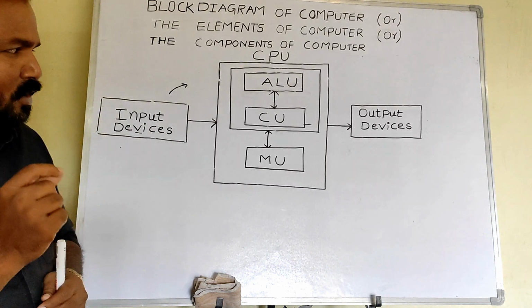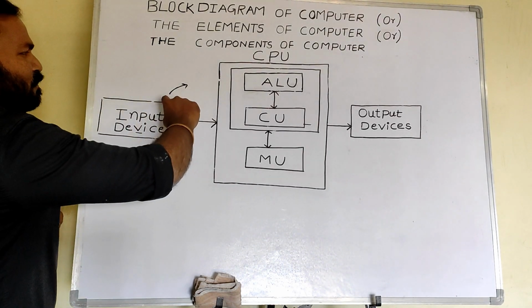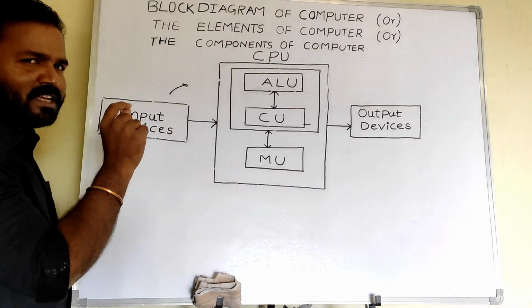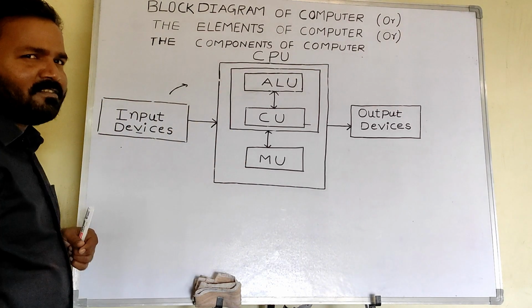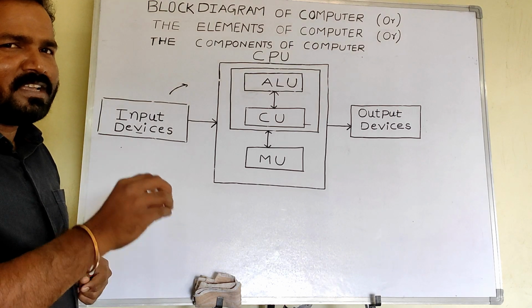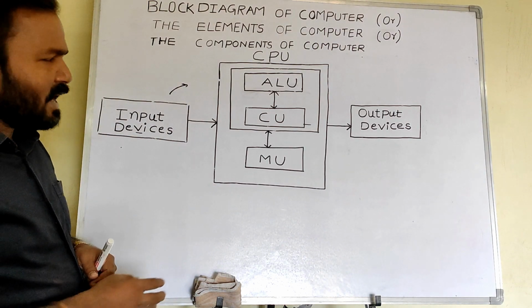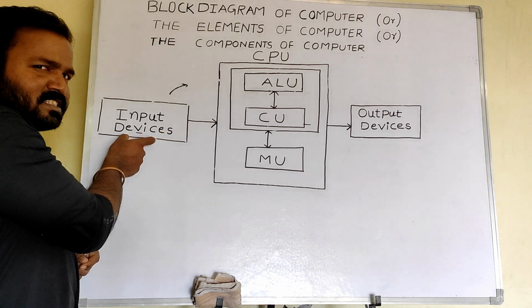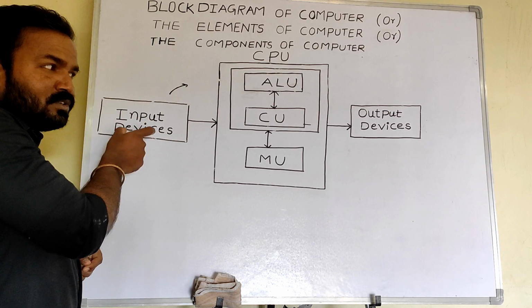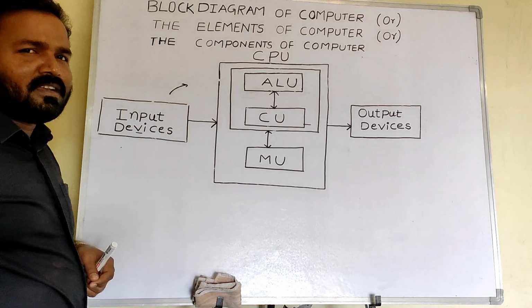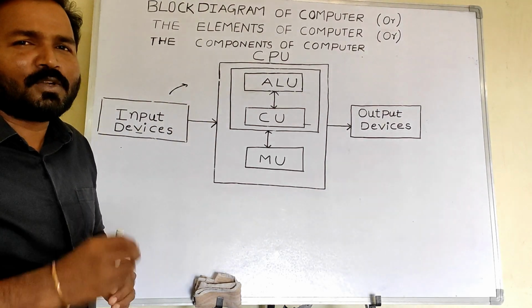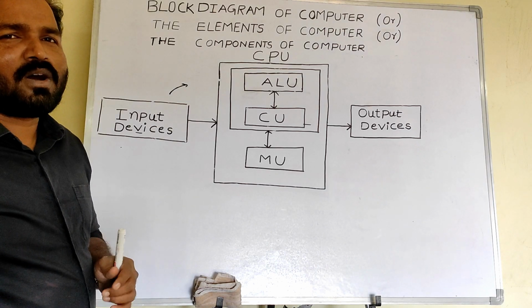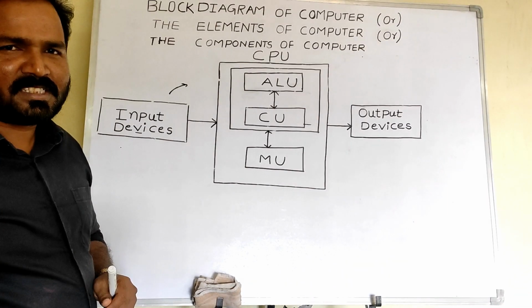Okay, here what is called input? The information that is given to the computer is called input, and the devices that are used for sending input to the computer are called input devices.